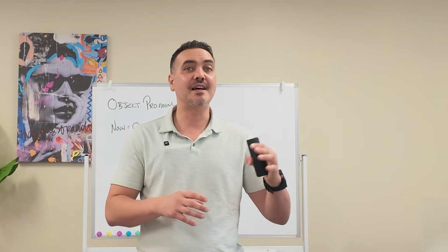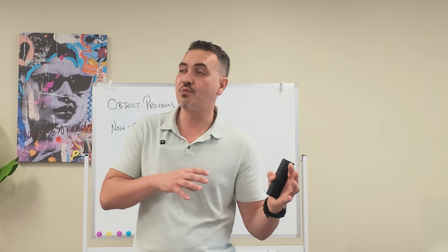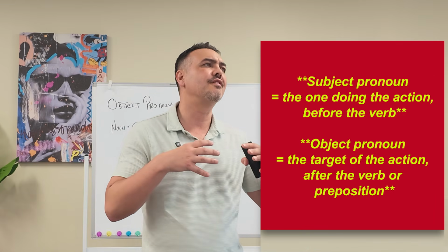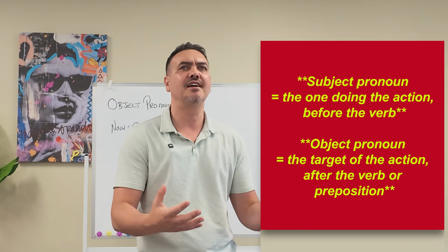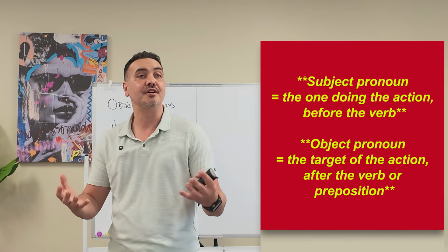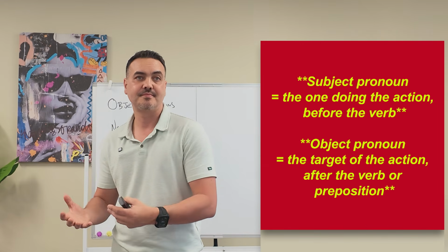She called him. She is the subject, sends the action towards him, the target. So a subject pronoun is the one doing the action before the verb. The object pronoun is the target of the action after the verb or preposition.